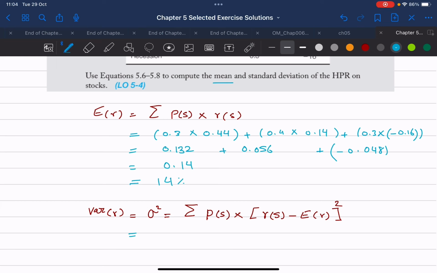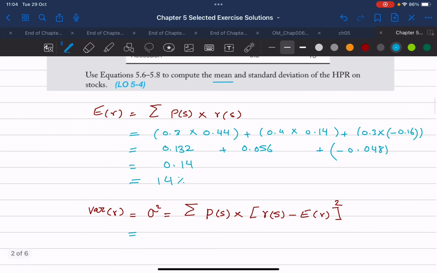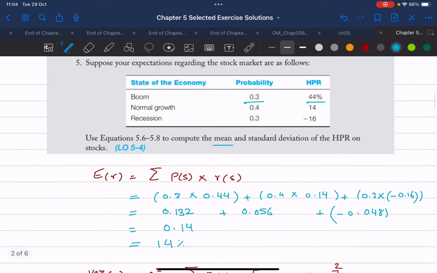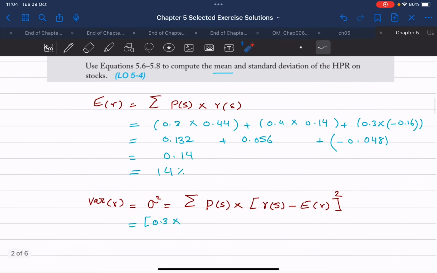So the first scenario had a probability of 30%, 0.3. So that's going to be 0.3 multiplied by the holding period return in a bracket minus the mean we just calculated, so 0.44 minus 0.14 squared.